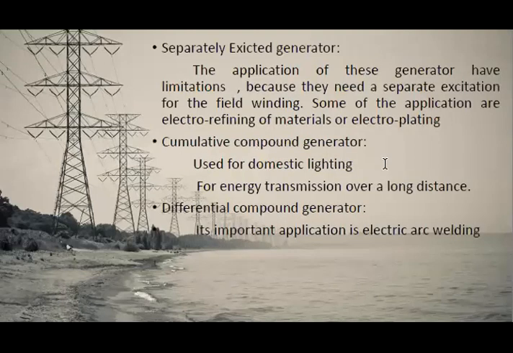For separately excited generators, the applications have limitations because they need a separate excitation for the field winding, and some of the applications are electro refining of materials and electroplating. Cumulative compound generators are used for domestic lighting. For energy transmission over a long distance also, these generators can be used.